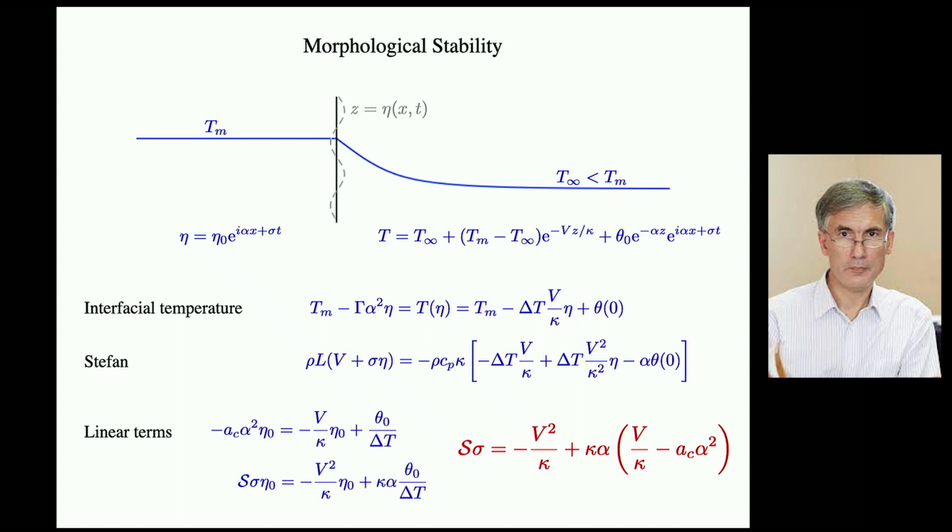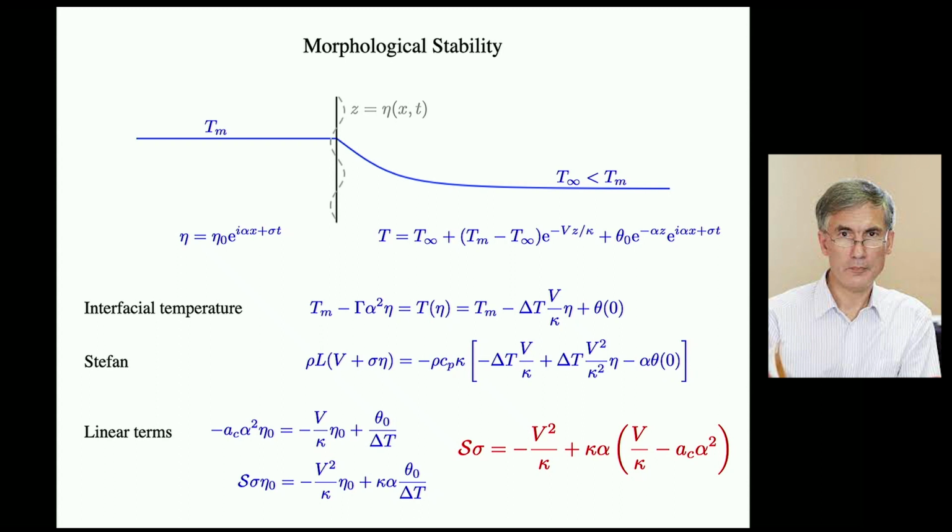And with the Stefan condition, I've got the rate of release of latent heat. So rho L V is the basic state. There's an extra d eta by dt, and d eta by dt brings down a sigma. And on this side, I've got the temperature gradient. So again, here's the base state temperature gradient. Here is the first order Taylor expansion of that term, and then the gradient from the perturbed temperature field.